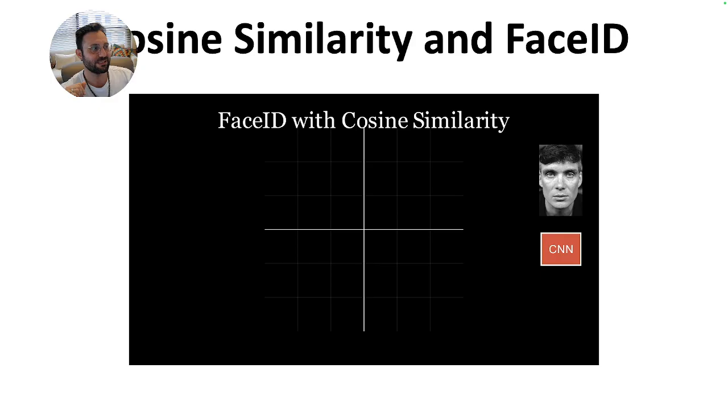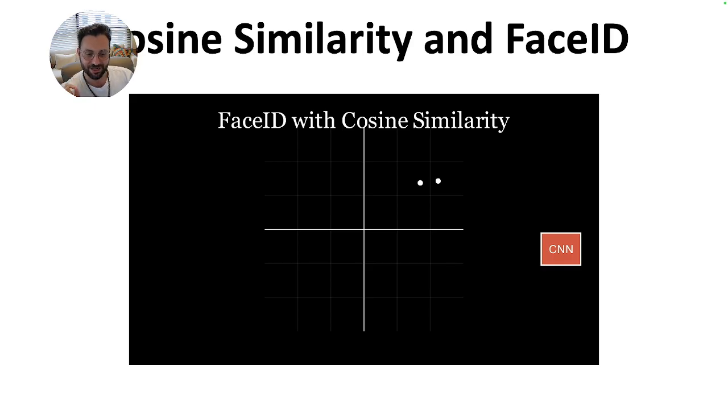So I use the face of this person and place it on the space. And another face of this same person goes through the convolutional neural network and goes to some other point.